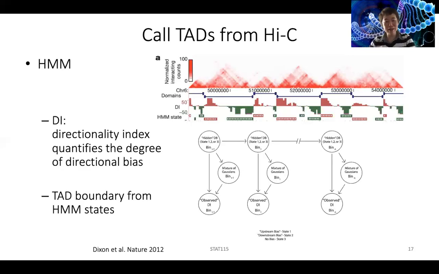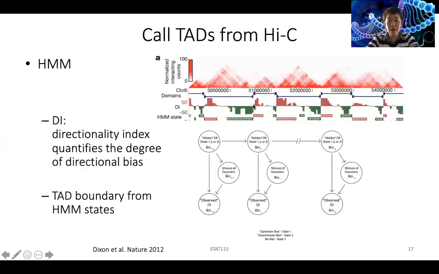They can use a hidden Markov model to really identify the boundaries: this is a chunk of plus, the red chunk, this is a green chunk, there's another red chunk, there's another green chunk. Anytime you have a green chunk next to a red chunk, that is a TAD boundary.